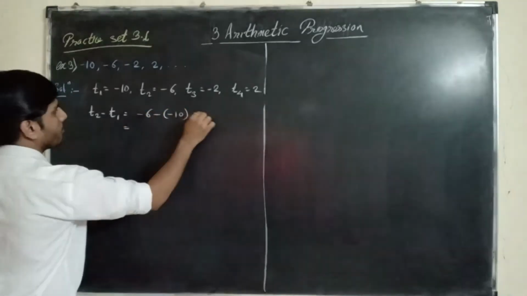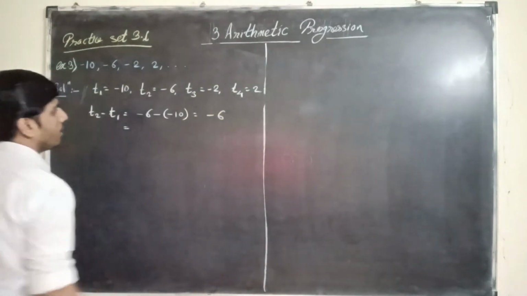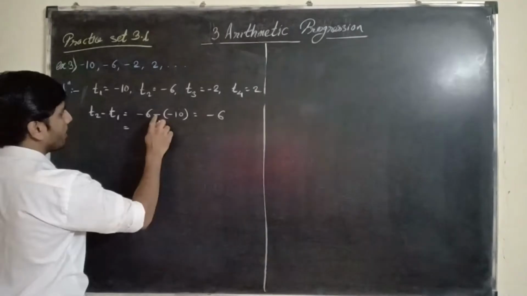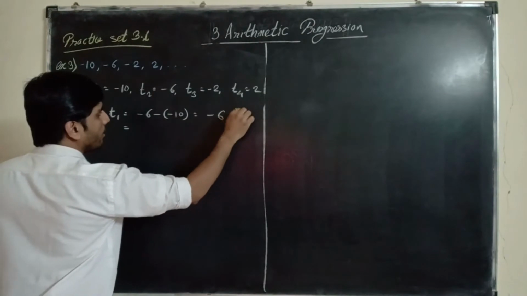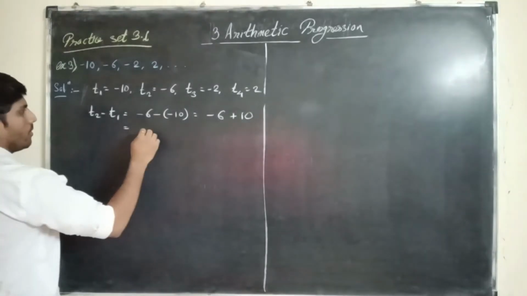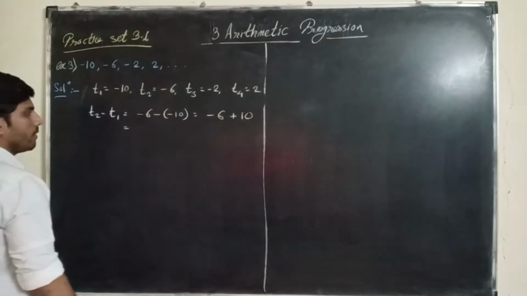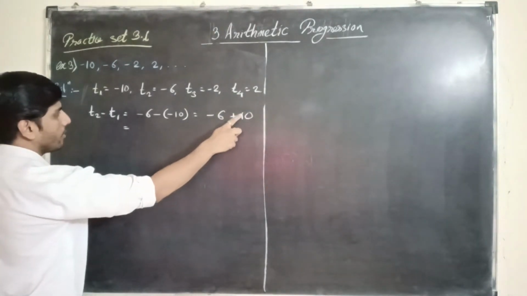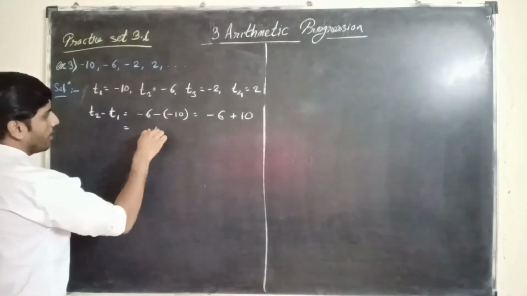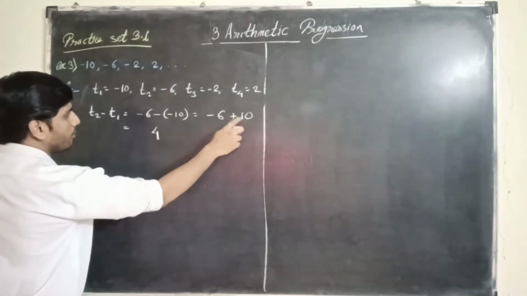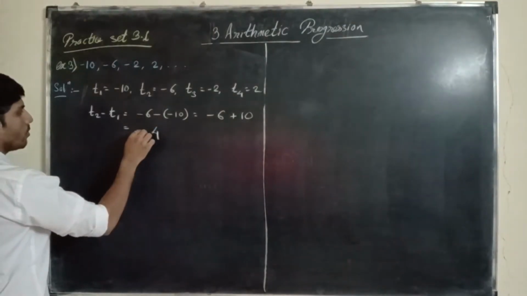Now here negative 6 will remain as it is, but negative into negative will become positive 10. Now the signs are opposite, so subtraction will take place. So the difference between 10 and 6 is 4, and the greater number, 10, is positive, so the answer will also remain positive.